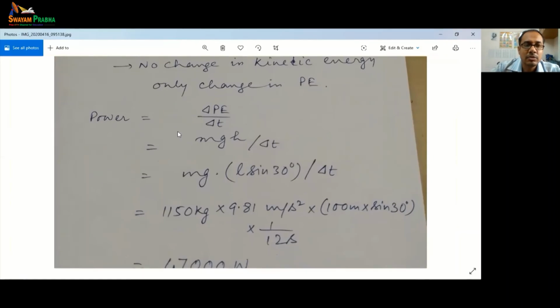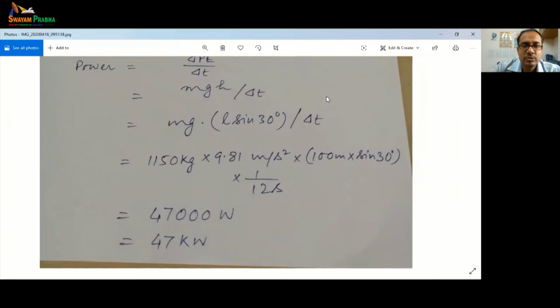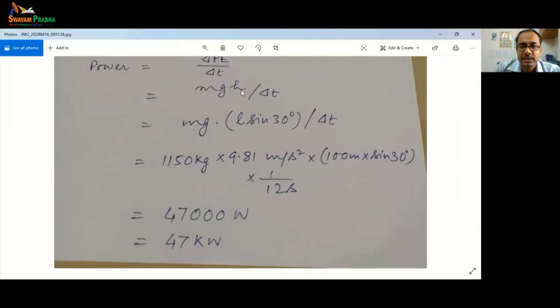So just by using the definition of power, we can write that it will be equal to the change in potential energy divided by the time. The potential energy change is mass times acceleration due to gravity g times the change in height h, so mgh divided by delta t.